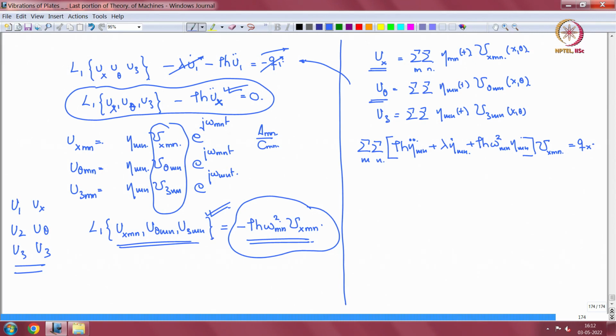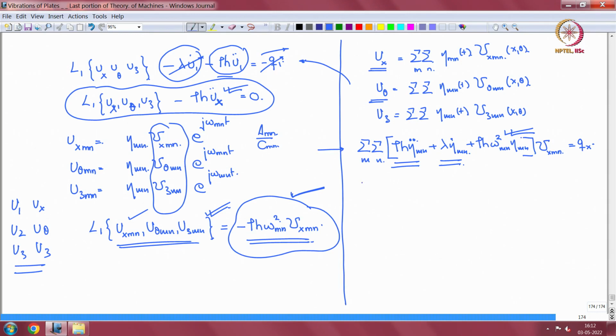Okay. So this operator has brought in this term, and the other two, one time derivative on ux and double derivative on ux: the double derivative brings this, one derivative brings this. So this is the form the first equation will take.